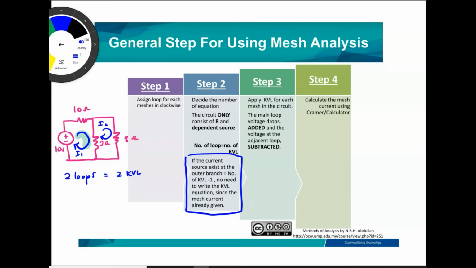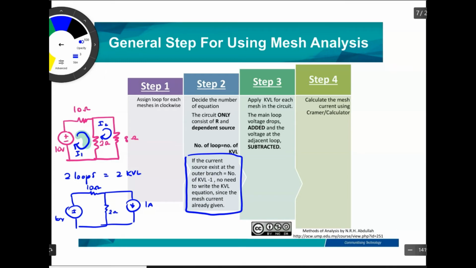So for this, the meaning is if you have a circuit that looks like this one, see, I choose 10 ohm and 2 ohm here, and then I select 1 mA.